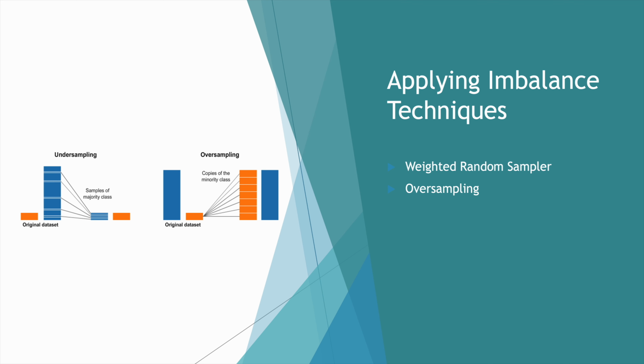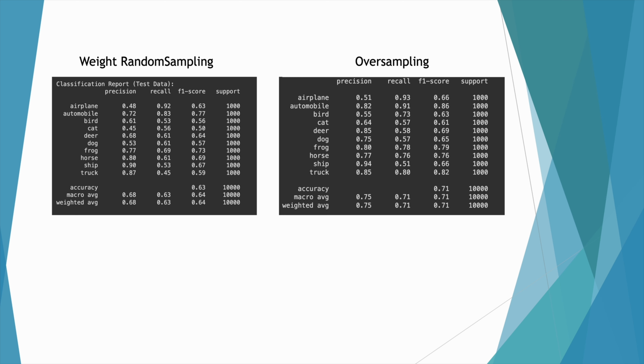After applying the weighted random sampling technique and the oversampling technique to handle the class imbalance, I expected to see some significant improvement in the model performance, especially for minority classes. However, based on my results, I found that the overall improvement compared to the baseline was quite modest.